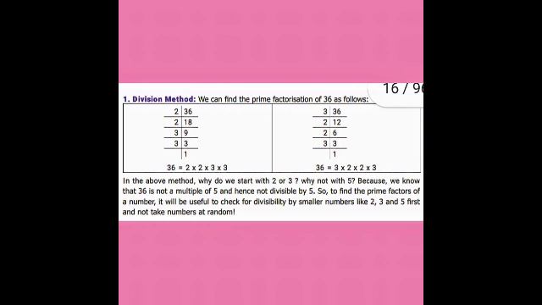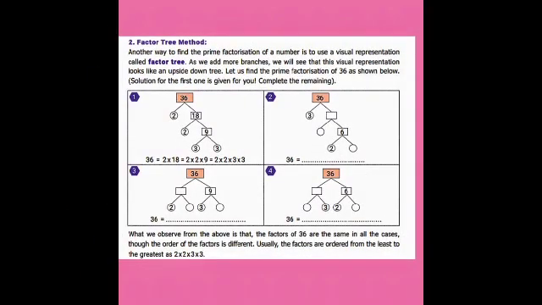For the same number, we are going to use the factor tree method. The factor tree method is a visual representation of prime factorization. Here we have branches also. The first step is done with the help of what we learned in the division method: 2 18s are, 2 9s are and 3 3s are. Here we have different symbols also.